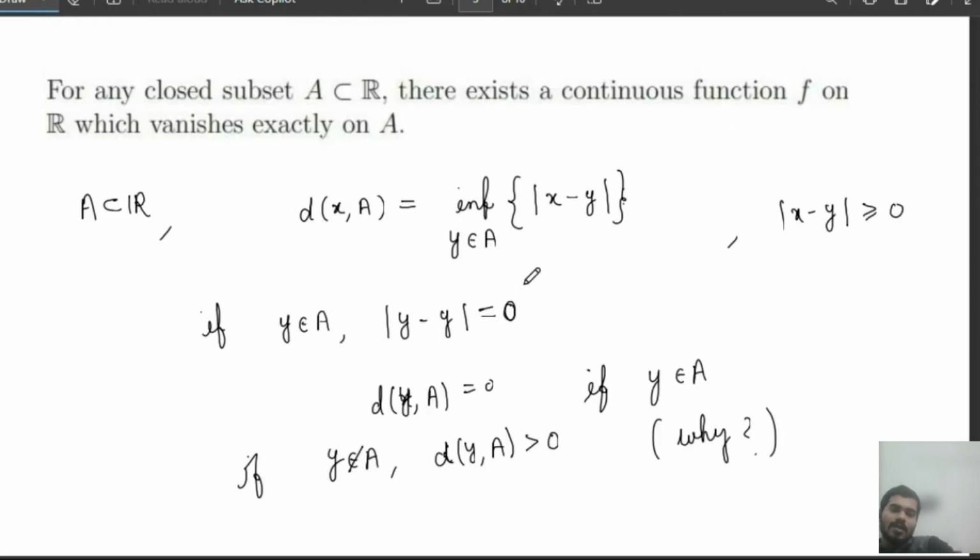It has a special property given to A, which is a closed subset. If somehow we have some subset A whose limit points are not lying inside the same set, then it is not possible to define d of x comma A as a function which vanishes exactly on it, because such a function will give the 0 value on the limit point also.